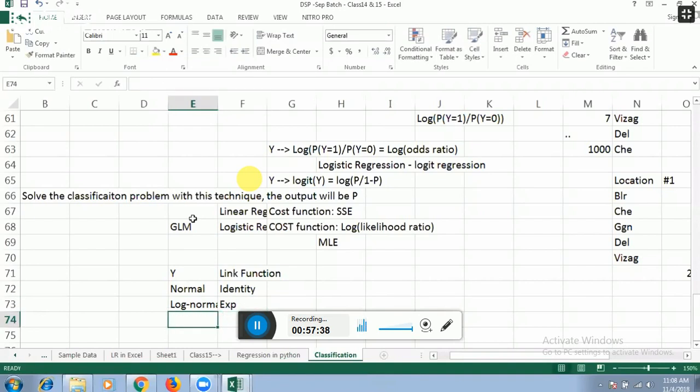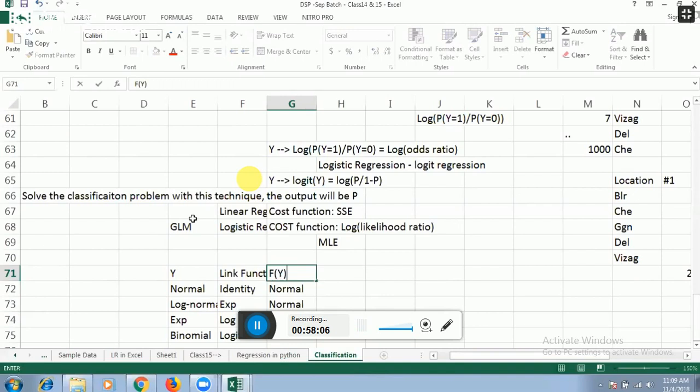And if I use exponential distribution, you will use log as a link function to transform the data, so that it will become normal. And if the data is following a binomial, then the logit function is the function of y. Correct? So even if the data is following a normal distribution, I can still apply the identity function and it will convert into generalized linear models.